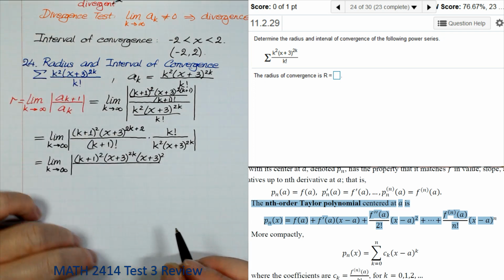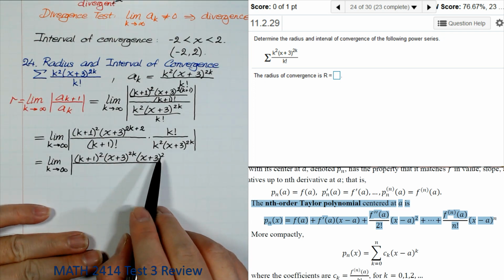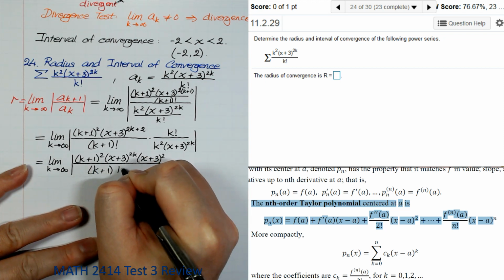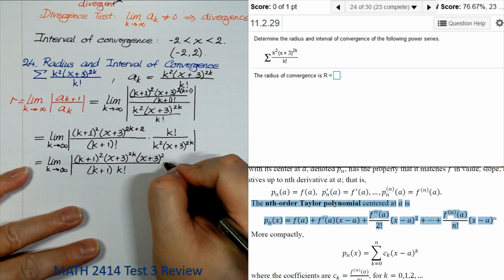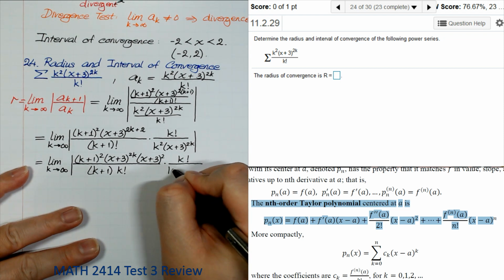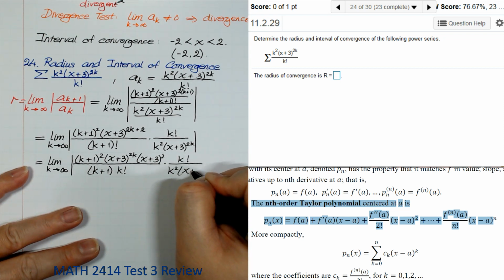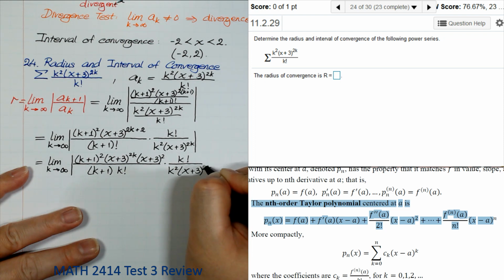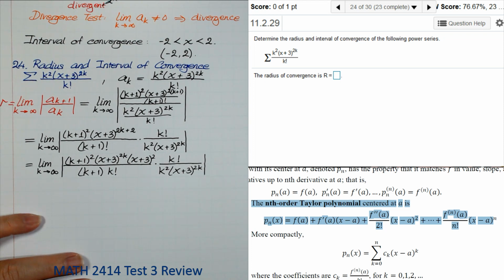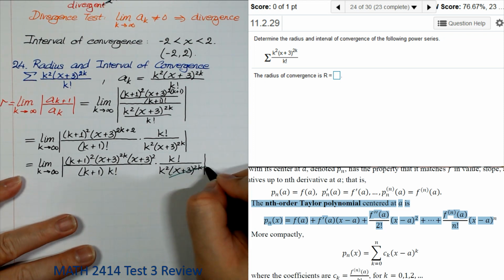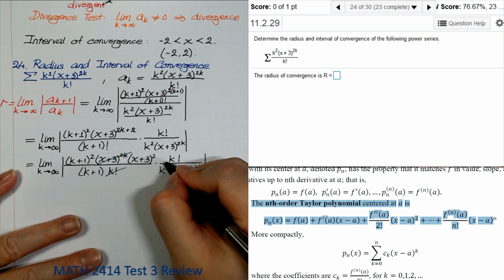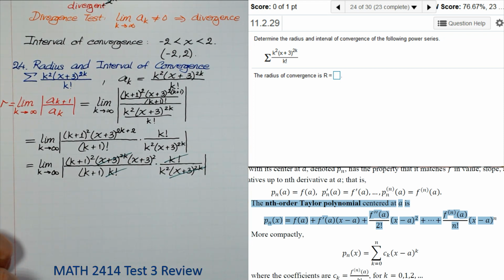So 2k plus 2, when we multiply, we add the powers. k plus 1 factorial over k factorial, k squared, x plus 3 to the 2k. Cancel out, cancel out.